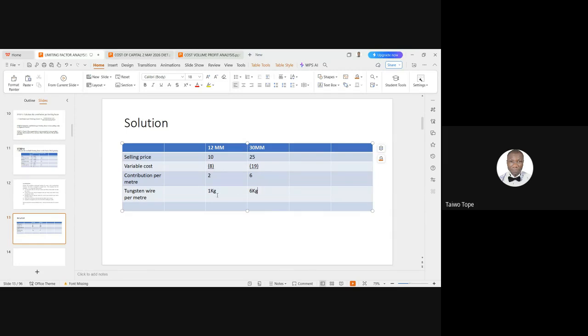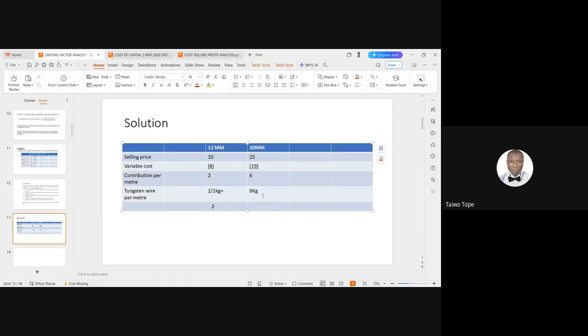So once you divide, this is what will happen. It is 2 divided by 1 kg. The result will be equal to what? The result here is 2. Okay, let me bring it here. Equal to 2.